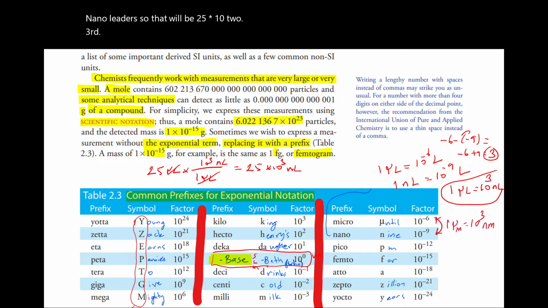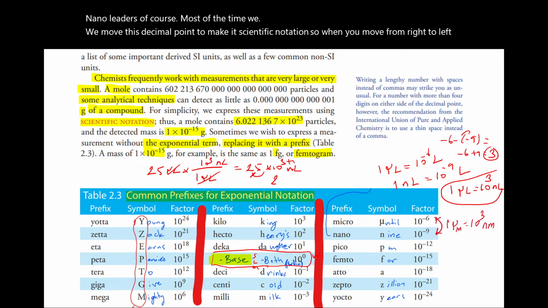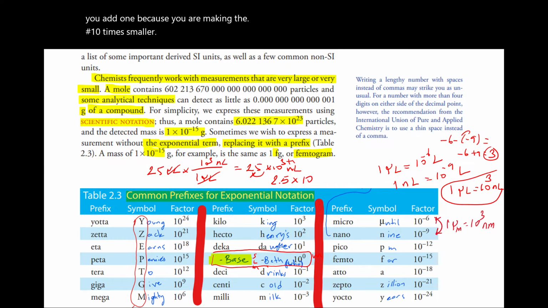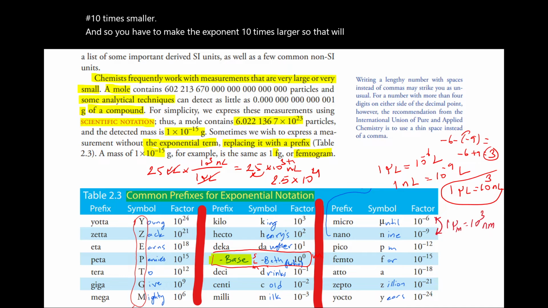Of course, most of the time we move the decimal point to make it scientific notation. When you move from right to left, you add 1 because you are making the number 10 times smaller, so you have to make the exponent larger. So that will be 2.5 times 10 to the 4th nanoliters.